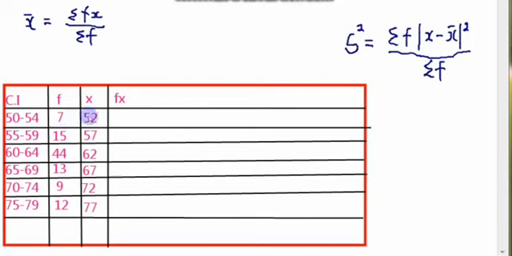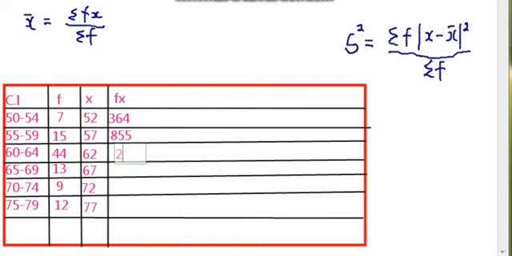For fx, it means frequency multiplied by midpoint in each row. So 7 times 52 is 364. On the second row, I have 15 times 57, which is 855. Third row, 44 times 62.